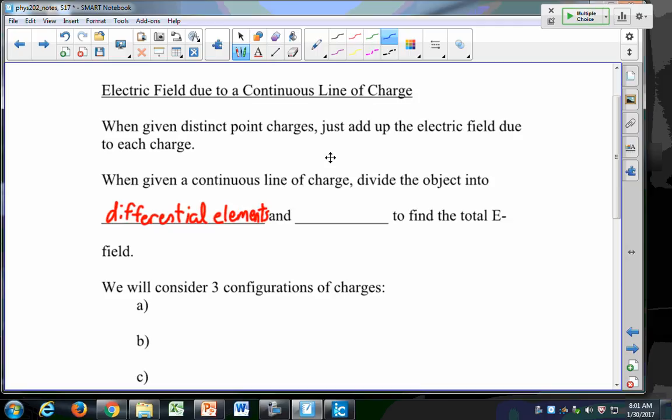Or, we'll call these itty bitty pieces, because that's really what they are when we're talking about a physical object. We imagine that we break it up into little bitty pieces that are infinitesimally small, very, very small, and then we integrate to find the total electric field. Integrate all those little bitty pieces and how they contribute to the electric field to find the total electric field.